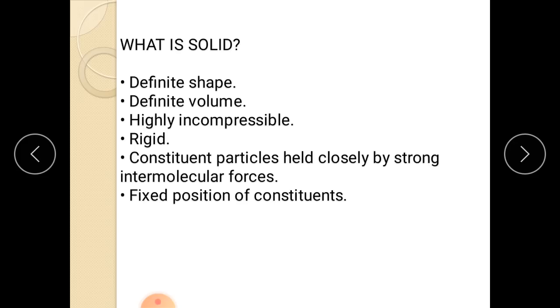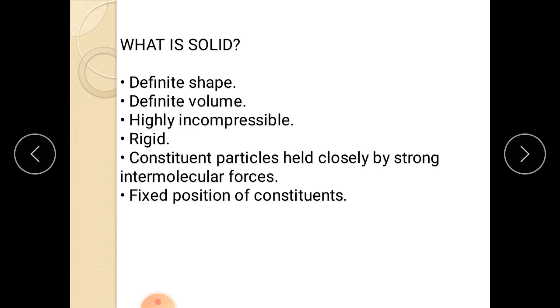In solid state, the atoms are closest, very close to each other. Their constituent particles are held closely by strong intermolecular forces. Also, all the atoms have their fixed position, which gives them an orderly three-dimensional pattern called a lattice or crystal lattice.